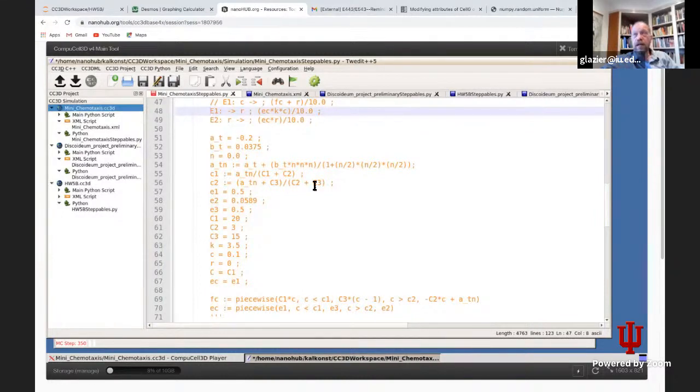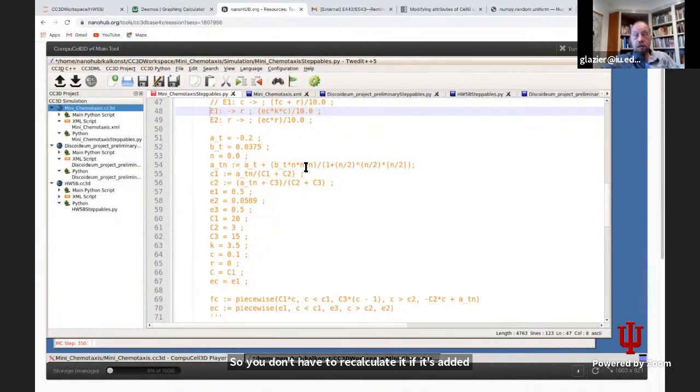So if you had equation 47, for example, and you wanted to know what is FC plus R over 10, the reference to quote E1 close quote will give you that rate. So you don't have to recalculate it. That is helpful.